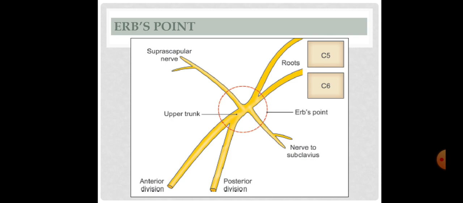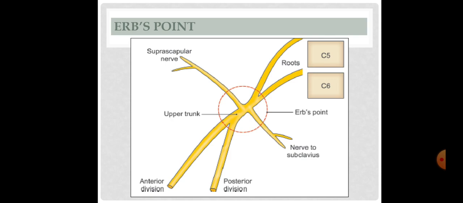So we have to know that in Erb's paralysis mainly the C5 and C6 nerve roots are involved. Those nerves that contain C5 and C6 will be mainly affected, and the muscles supplied by these nerves will also be affected.